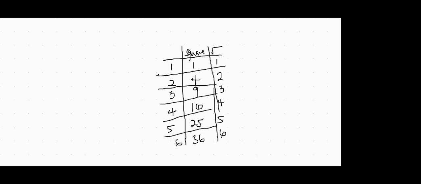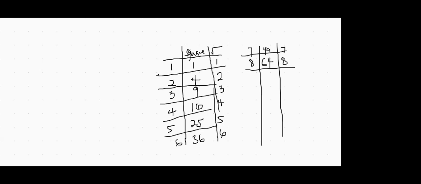6. The next set of numbers, we are beginning with 7. The square of 7 is what? 49. And then the root of 49 is what? 7. The square of 8 is 64, and then the root is 8.